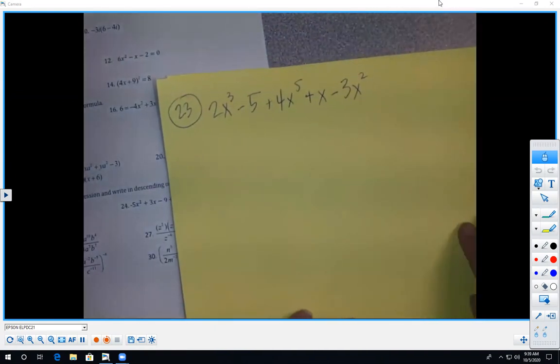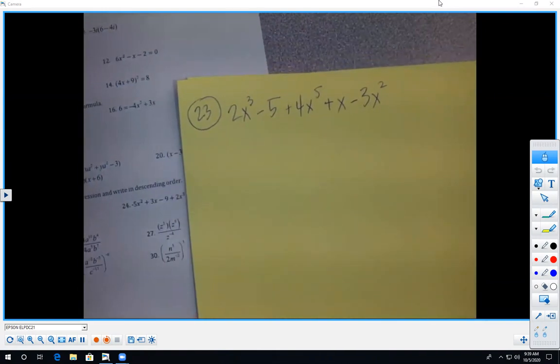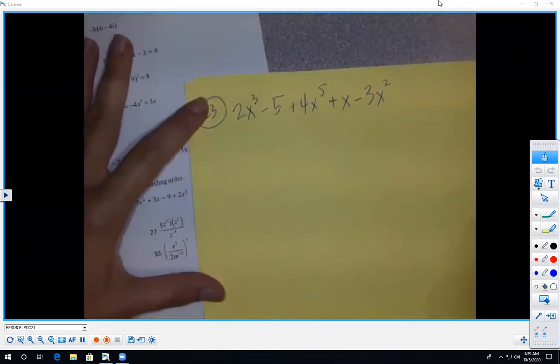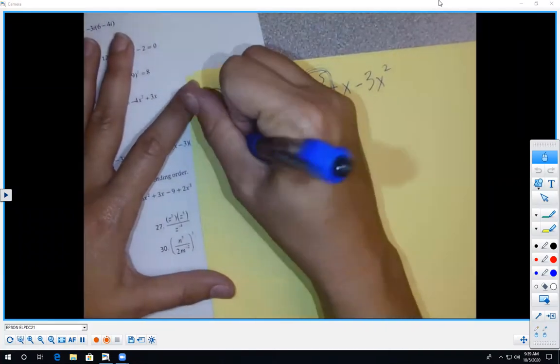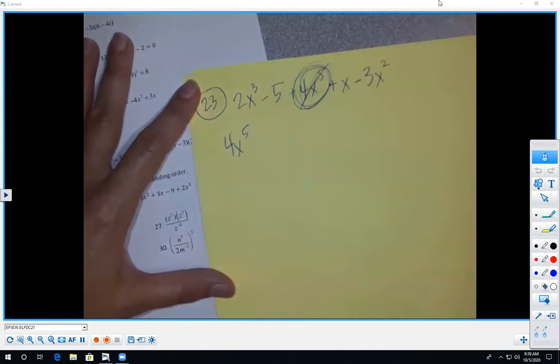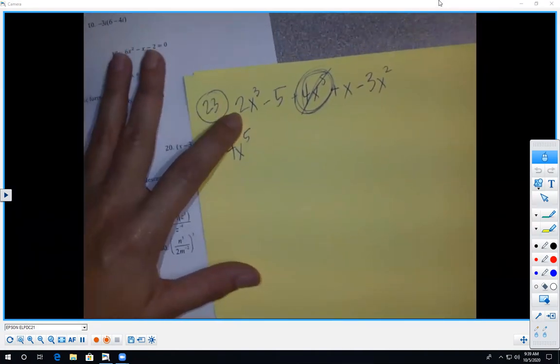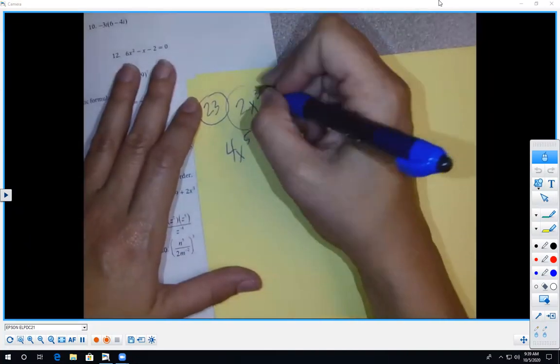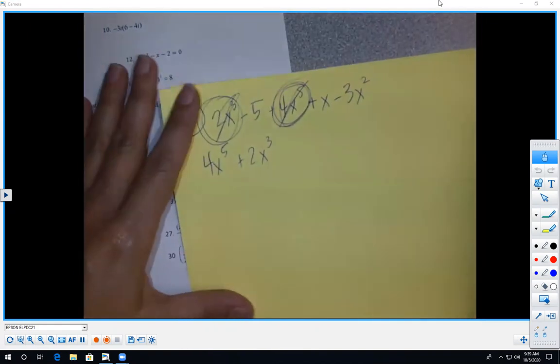Descending order is where you're putting it in order where the exponents are decreasing, right? So what's the highest exponent here? 4x to the fifth, yeah, x to the fifth is the highest. So 4x to the fifth is going to go first. What's next? Third power is the next highest, so plus 2x to the third. What's going to be next after that?